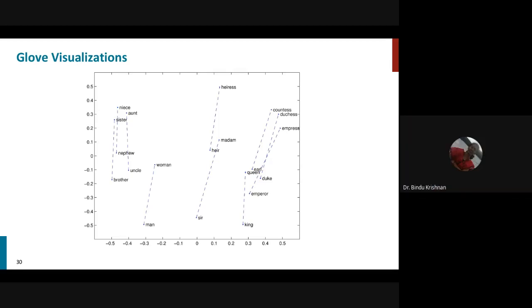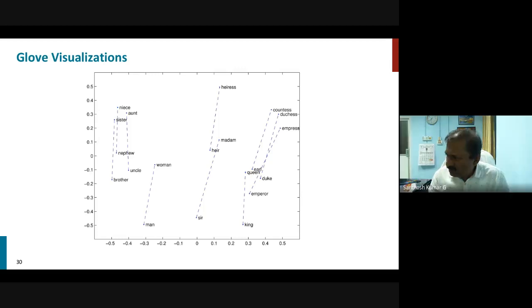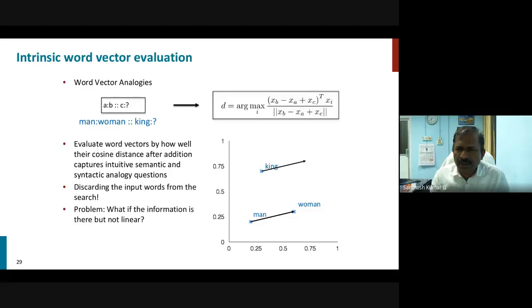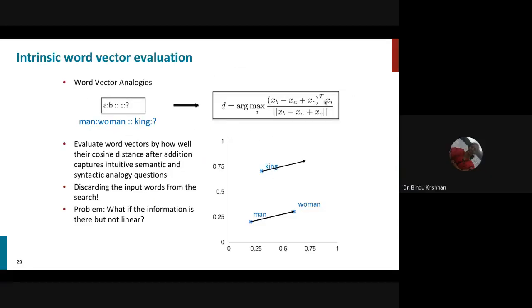Sir, one doubt. Regarding the dot product you mentioned, usually while computing dot products we multiply the corresponding terms and add. In the formula we have only a single term inside the bracket.